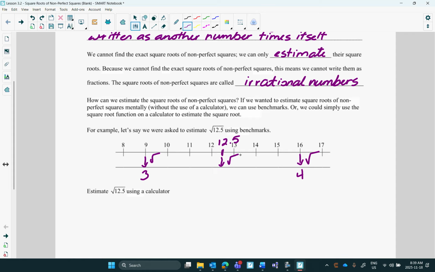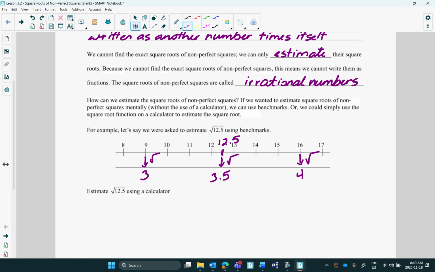So we could say the square root of 12.5 is about 3.5. If it was over here, maybe we'd say 3.7 or 3.8. If it was way down here, we'd maybe say 3.1. Okay, but that's how you can use benchmarks.